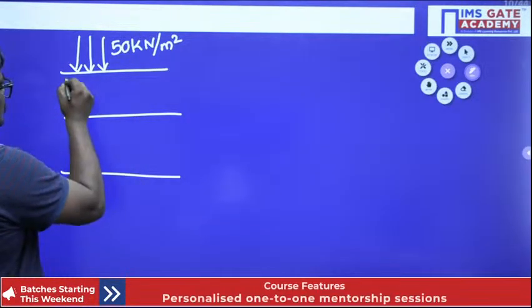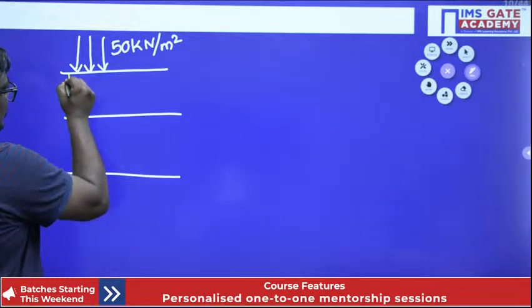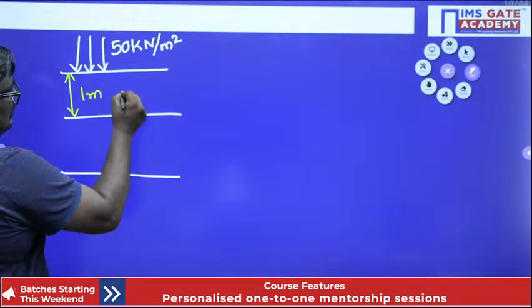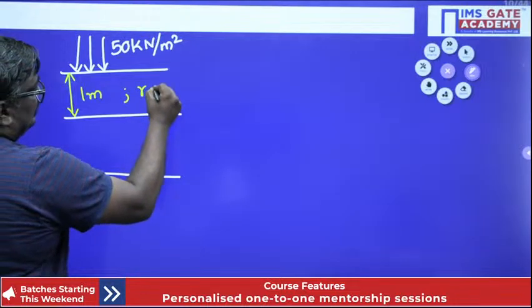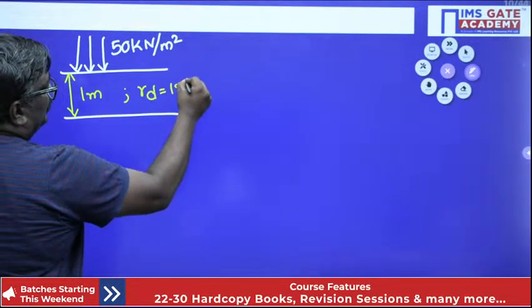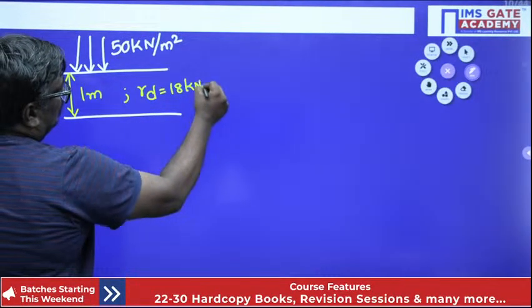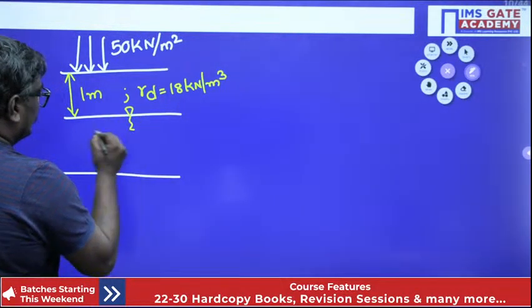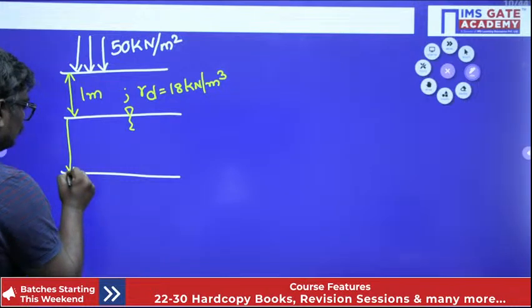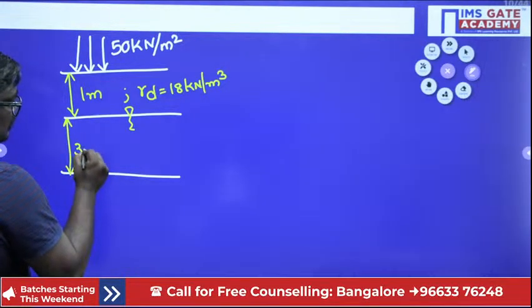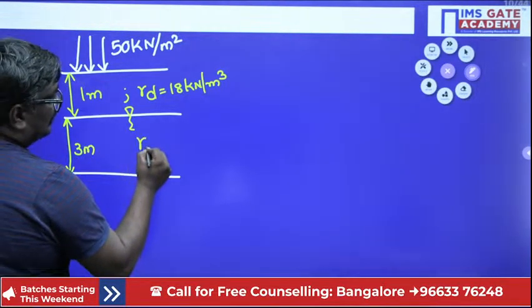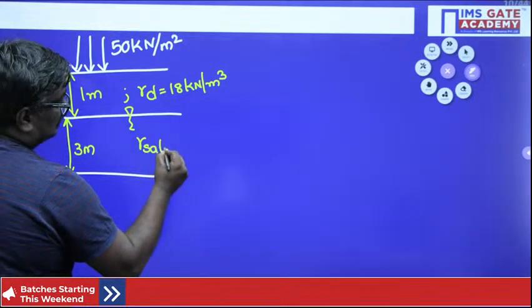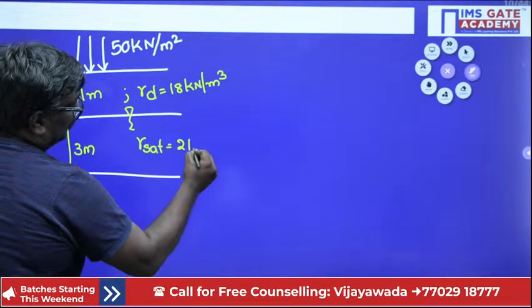This soil has a depth of 1 meter and the dry unit weight is 18 kilonewton per meter cube. And here you have a water table. This is equal to 3 meter. And here gamma sat is taken as 21 kilonewton per meter cube.